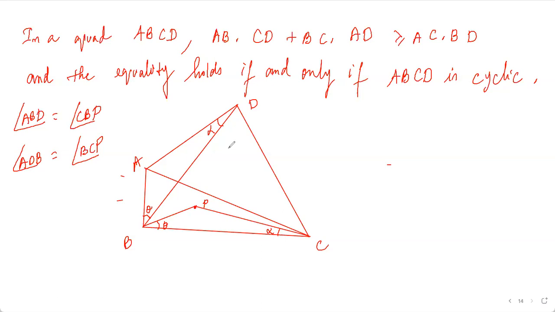And now, obviously two angles are the same, so I'll have triangle ABD similar to triangle PBC, and from there I'll get AB by BD is equal to BP by BC, and from there AB times BC is equal to BD times BP.